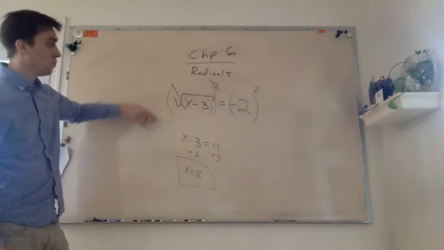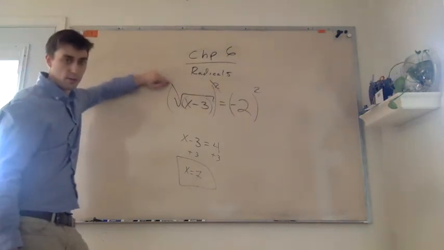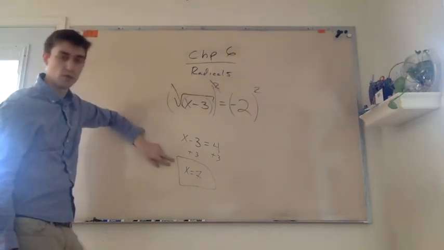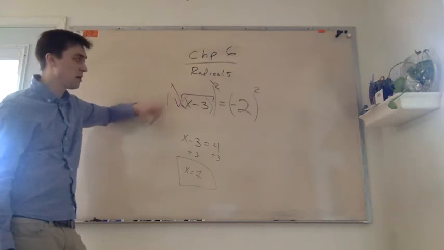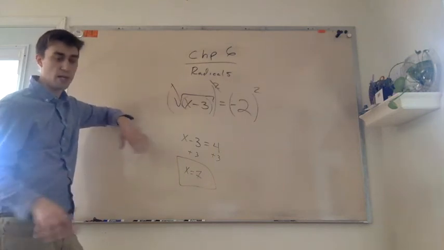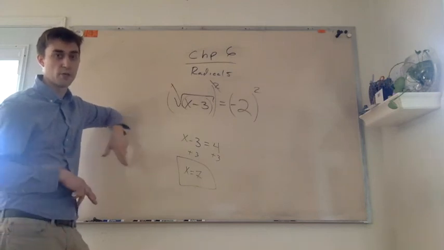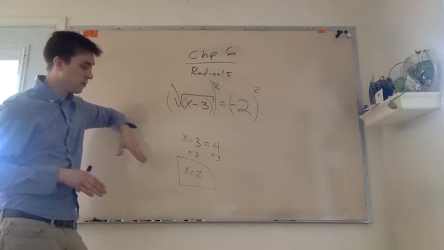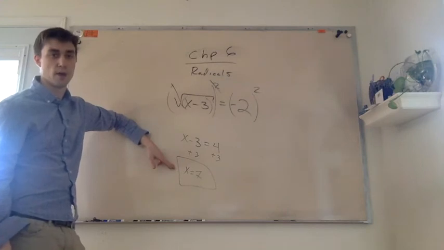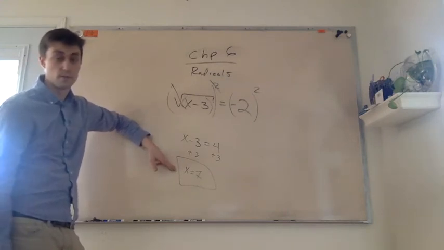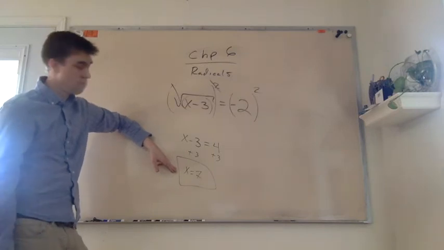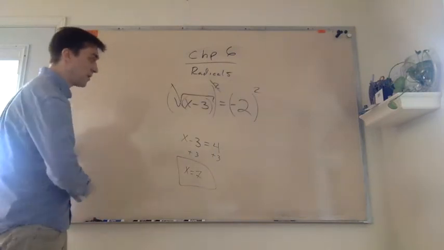Now, when you're solving radical equations, you have to check to make sure this isn't an erroneous solution before you continue. I squared both sides, which immediately puts me at risk of producing an erroneous solution. So checking your work is now part of the solution. If you don't check, then you're not completing the problem. So make sure that this is not erroneous.